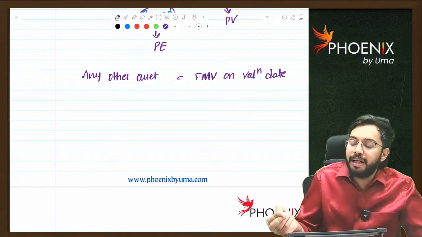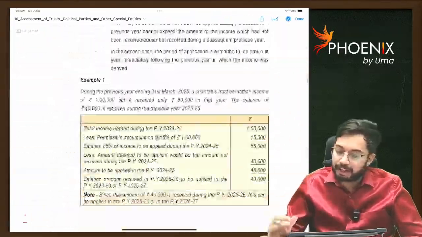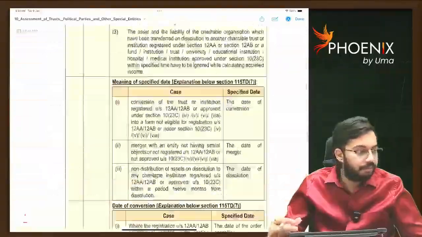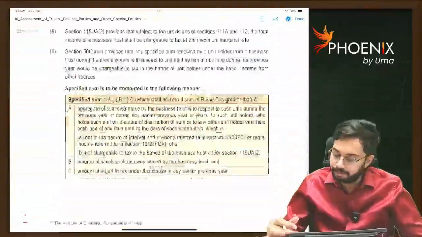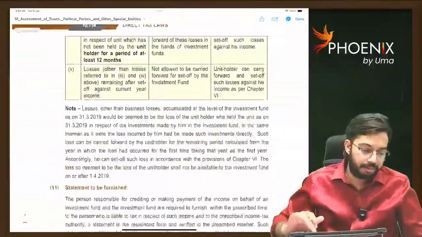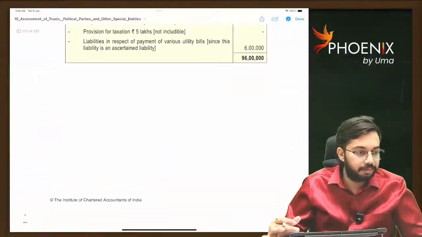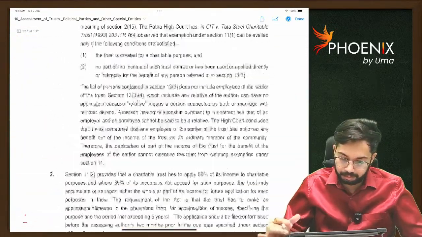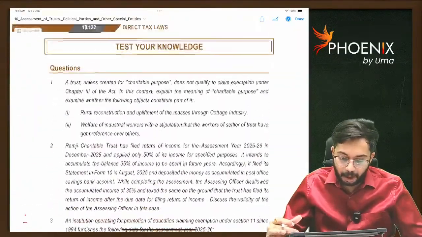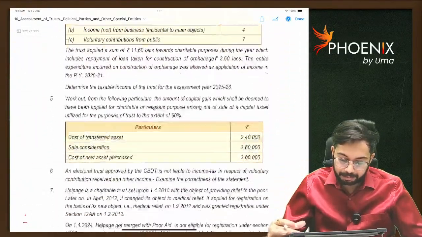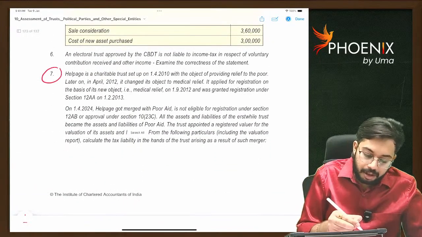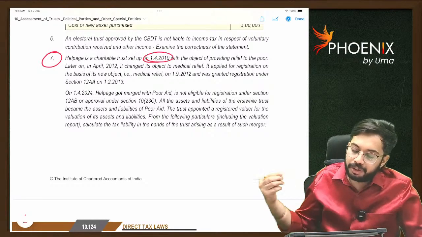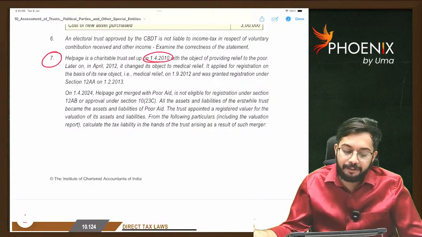Shall we do one problem in ICI module so that you will get better understanding? Let's do 7th problem in institute material. Helpage is a charitable trust set up on 1st April 2010 with the object of providing relief to the poor.